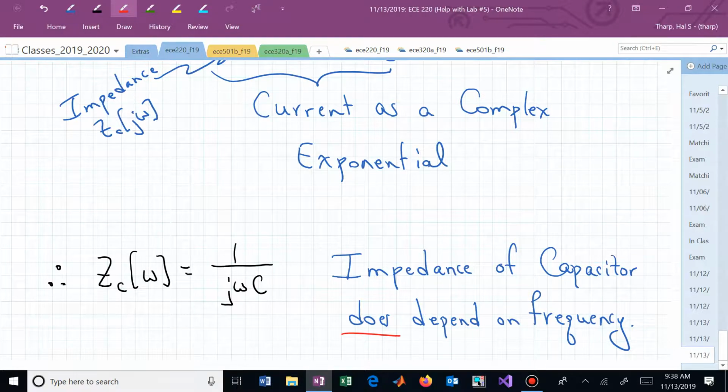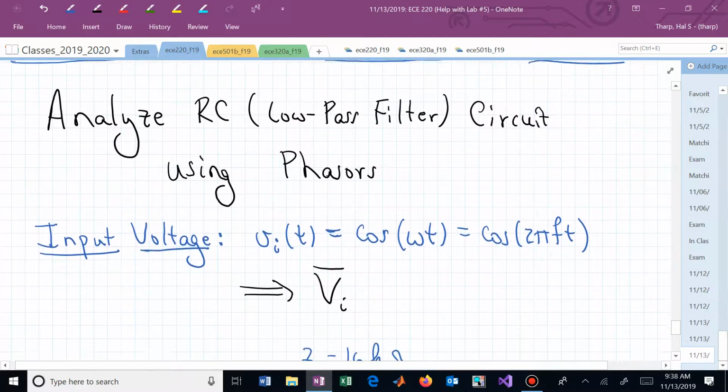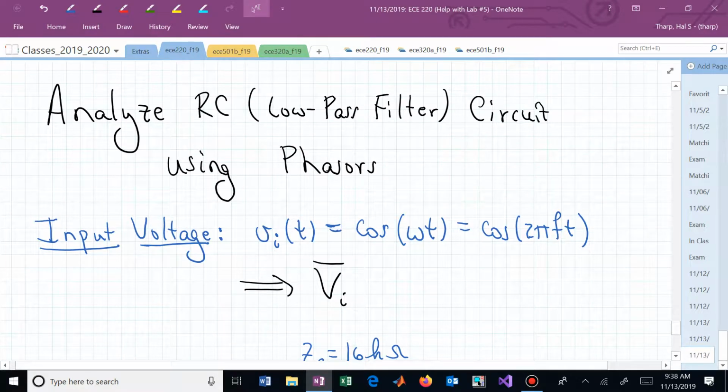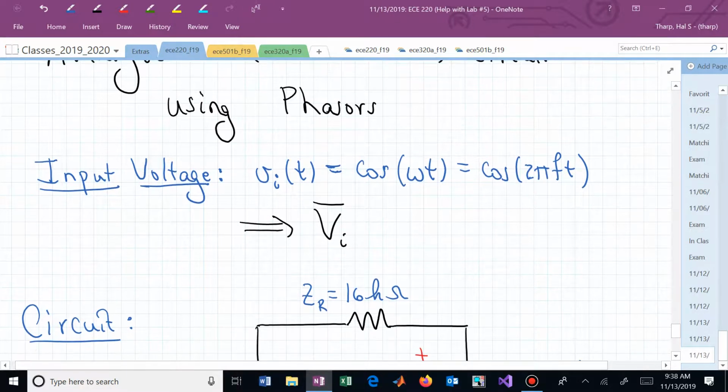So now let's use that information to help us analyze this low-pass filter circuit using phasors. We're going to apply to this circuit a voltage, a cosine waveform, 2 pi f t. What's the phasor form of that? And here I'm indicating the phasor by the overbar.